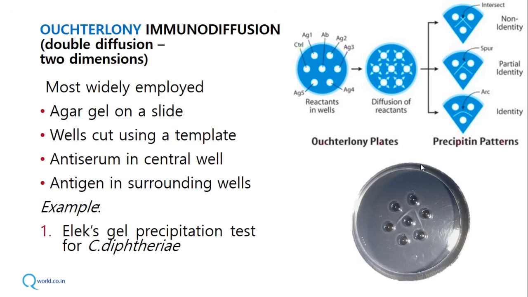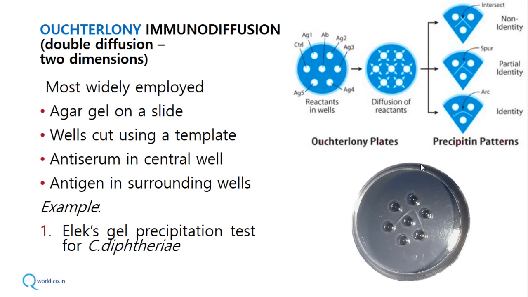Then we have Ouchterlony immunodiffusion, also known as double diffusion in two dimension. That is the most widely employed immunodiffusion technique. Now here, how it is different from the earlier ones: we take a slide or a petri dish, we take plain agar gel here, that is the difference, and then we cut the wells or holes using a template.